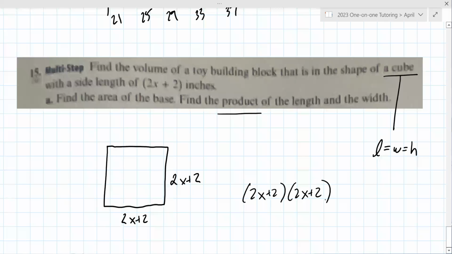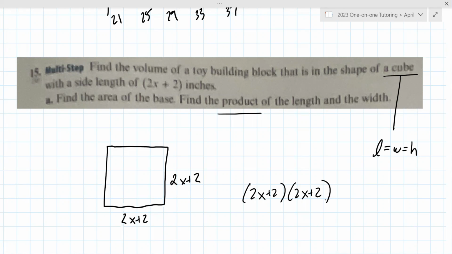Will you FOIL that for us? First, outside, inner, last.